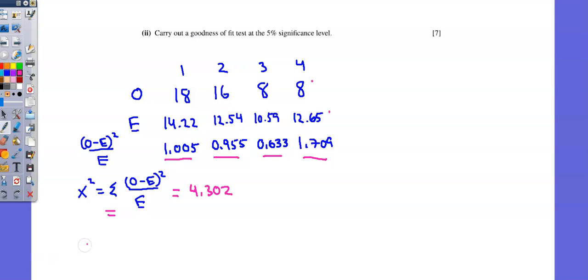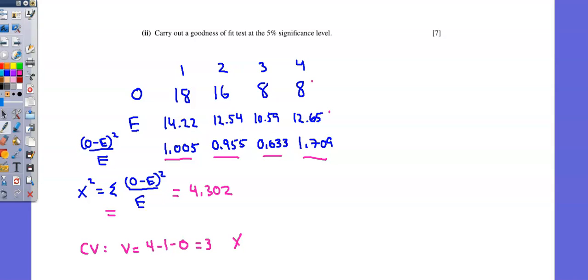Now my critical value. I want to know degrees of freedom, which I will start with 4. I have 4 categories. I started with 5, but I've reduced to 4 categories. Minus 1 standard, minus 0, that minus 0 represents 0 estimated parameters. So we end up with 4 minus 1 minus 0 is 3.